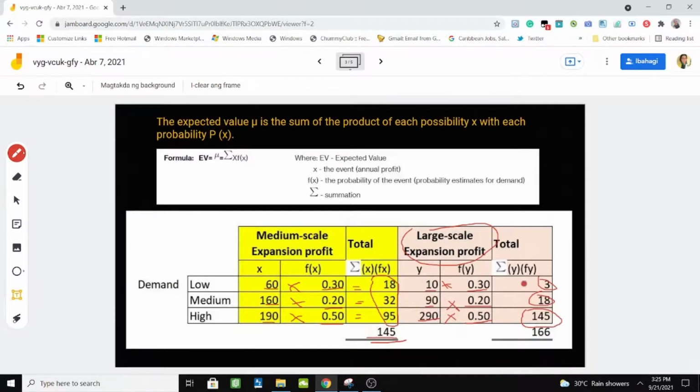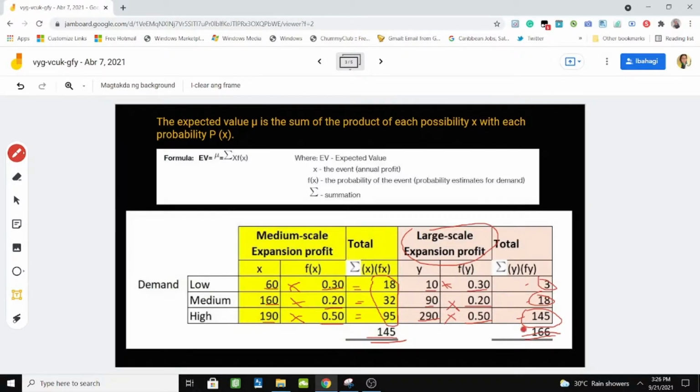So we have to sum it. So 3 plus 18 plus 145 will give us 166. So as you can see, the large scale expansion profit gives us the highest answer, or the expected value is 166.